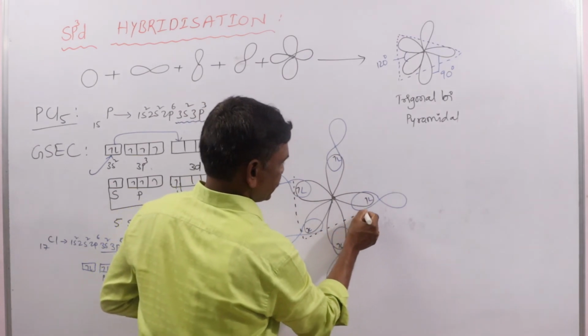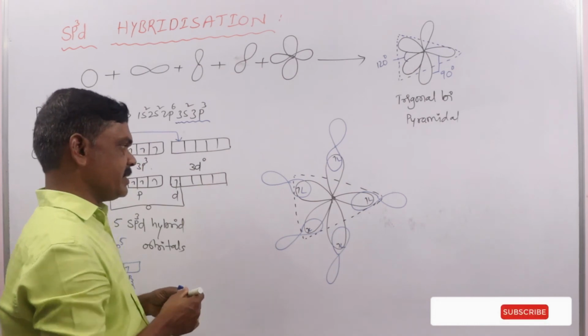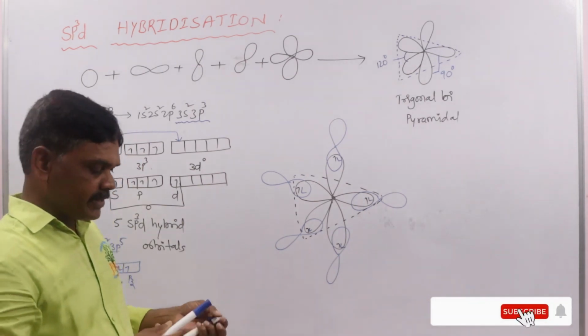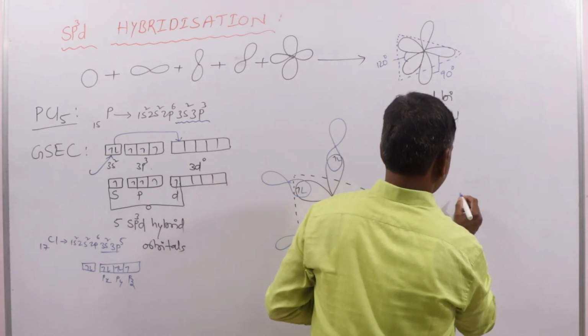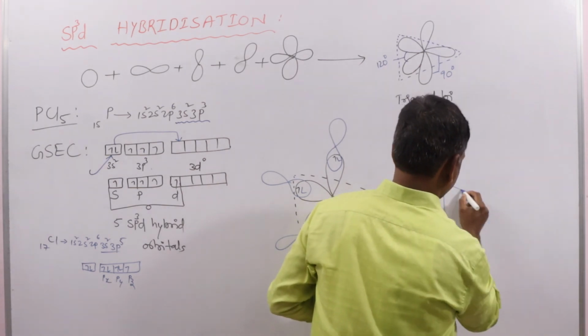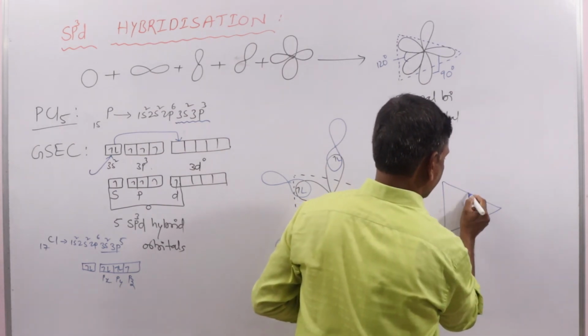So now this is the structure of PCl5, phosphorus pentachloride. Here it is phosphorus.